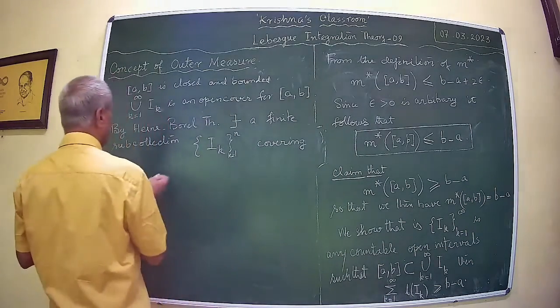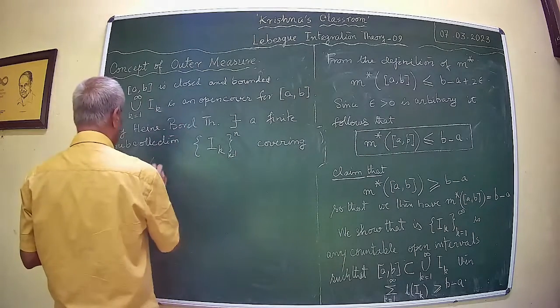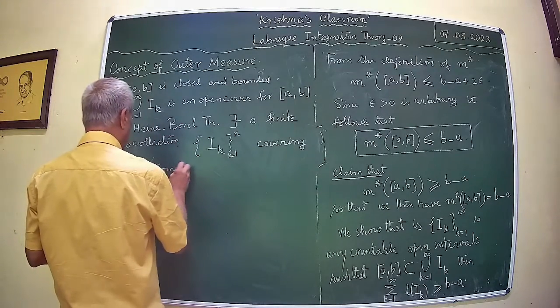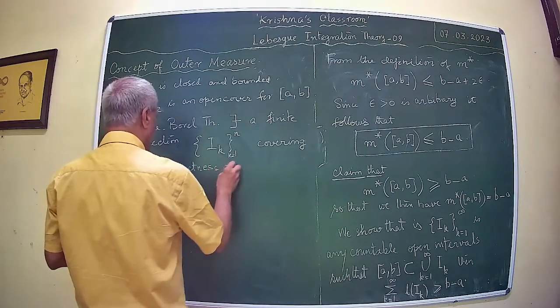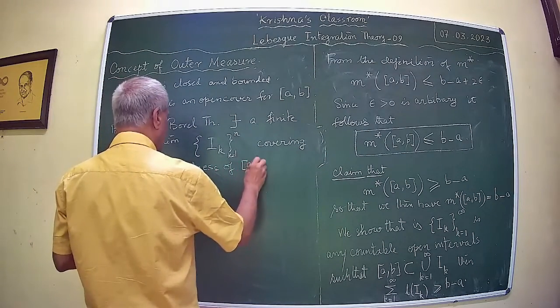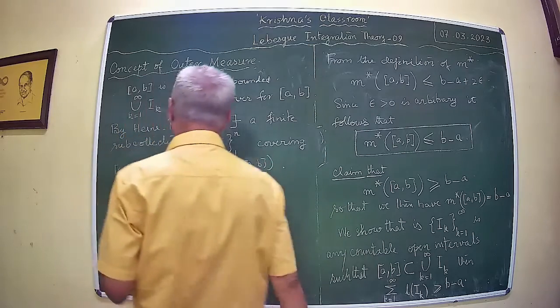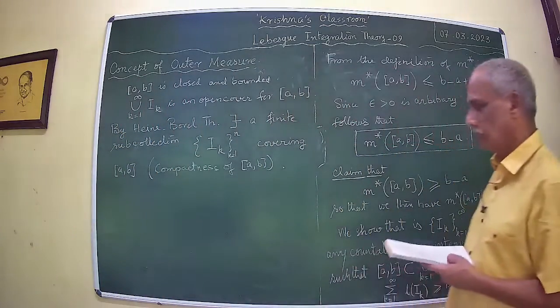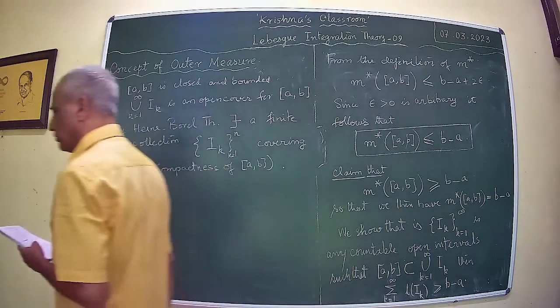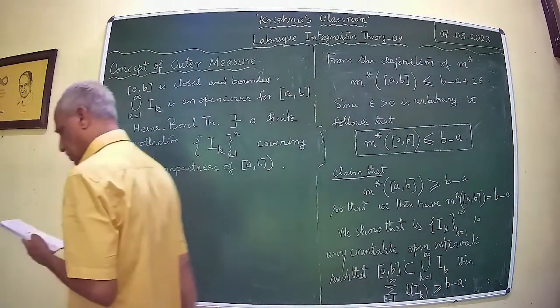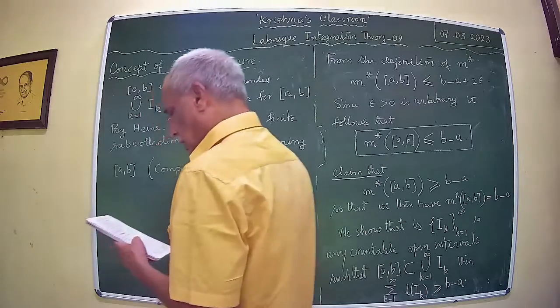Here, of course, what we are using is the compactness of the topological space. So for every open cover, there is a finite subcover. We are using that result.